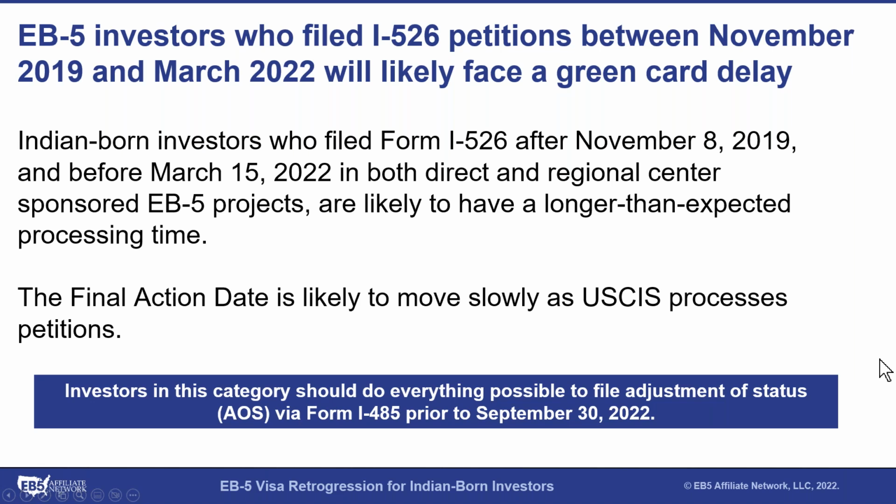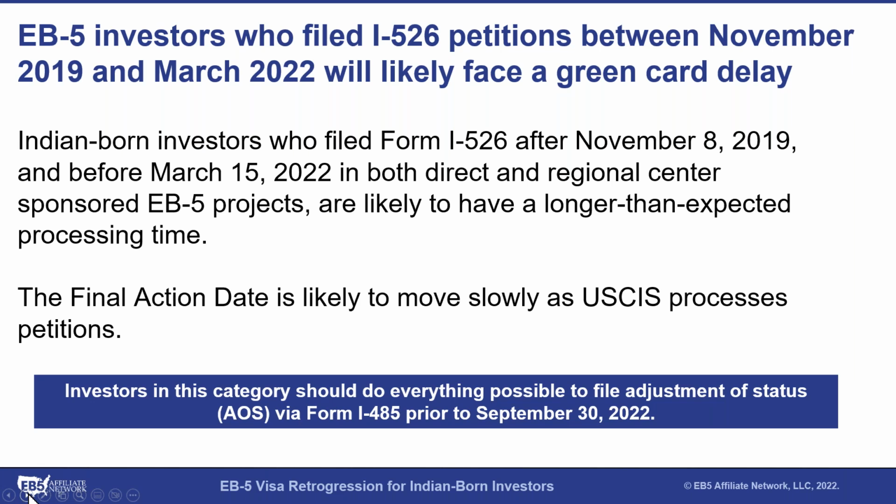The second point is, for the adjustment of status purposes, there are two separate charts within the visa bulletin. There's chart A and chart B. Every month, on the basis of coordination with USCIS and the State Department, USCIS decides whether or not it's going to apply chart A or whether it's going to apply chart B.